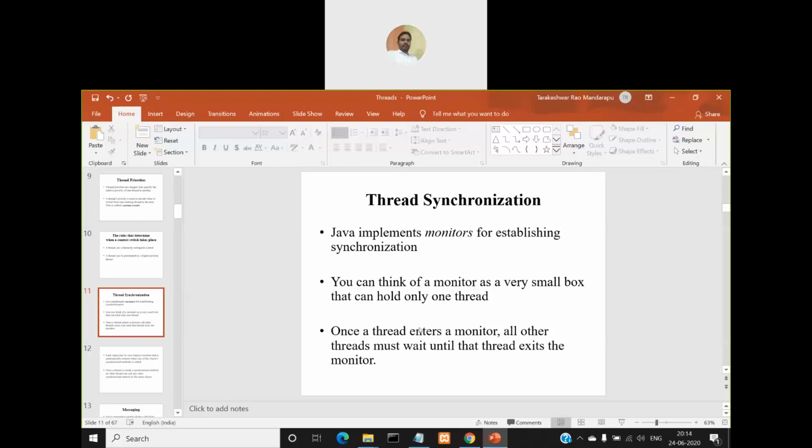For example, for better understanding, you can take a bank account, a joint bank account operation. So each of these joint account holders. So you know what is a joint account holder? Two or more people can operate from a single bank account, right?